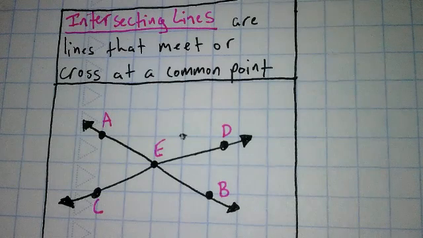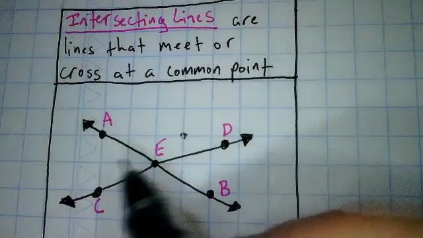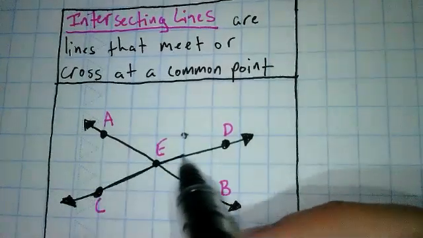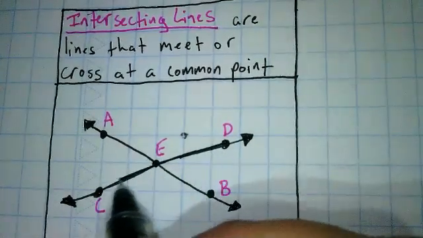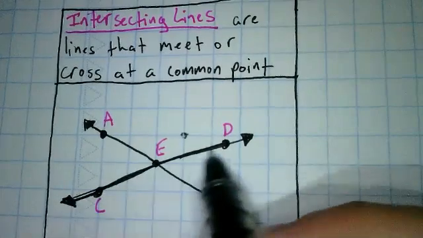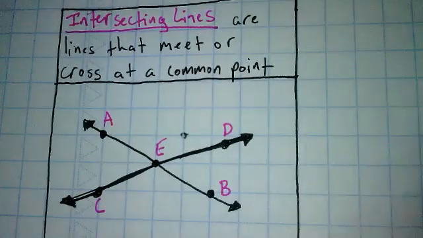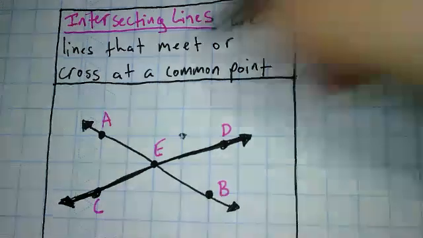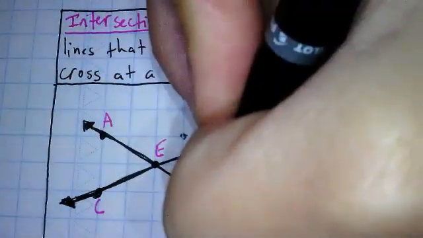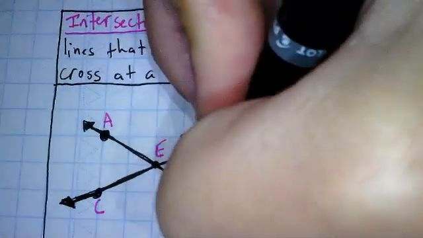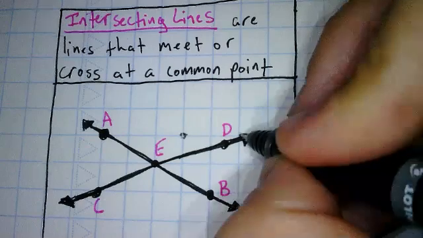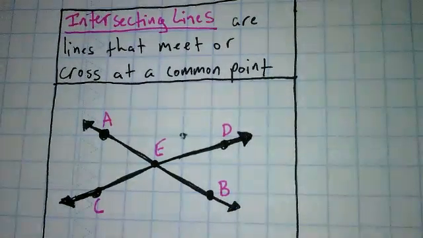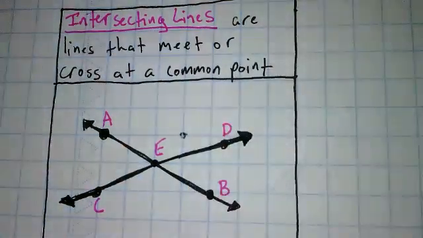You can see in this picture, we have two lines, and they're not my straightest lines ever. I could have used a ruler, but I didn't. We have line AB and line CD. Everyone agree? And where do these two lines intersect or cross over? At point E.